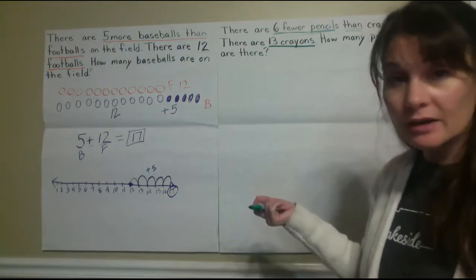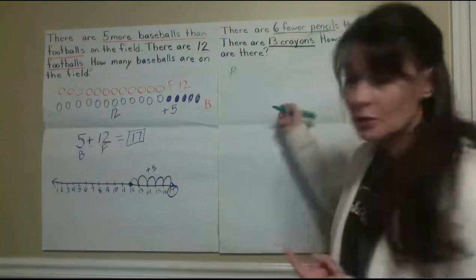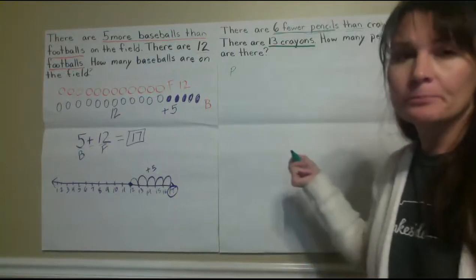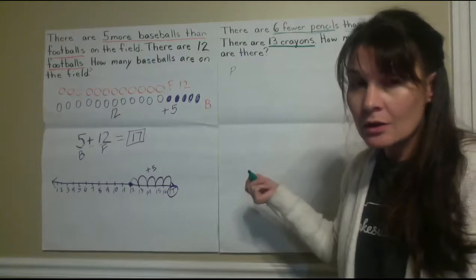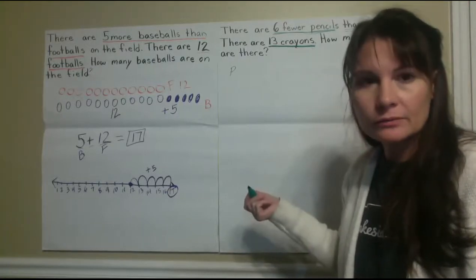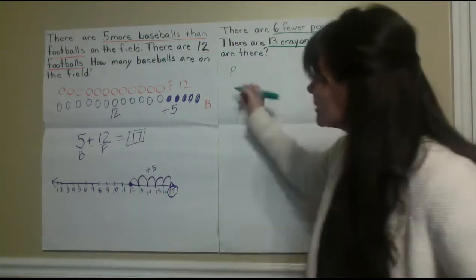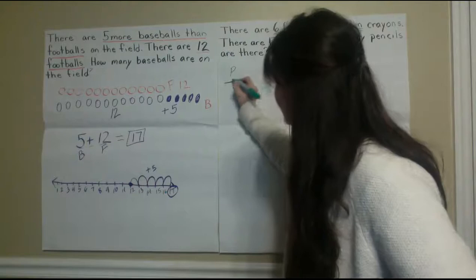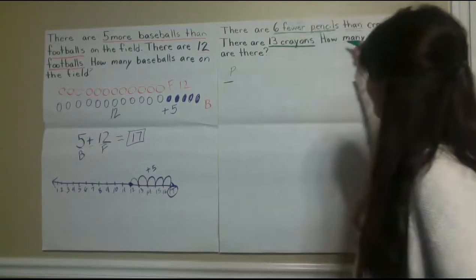You have more crayons because it says pencils has 6 fewer. What tells you what you might need to do? That's right, you're going to be subtracting because it says there are 6 fewer than crayons.